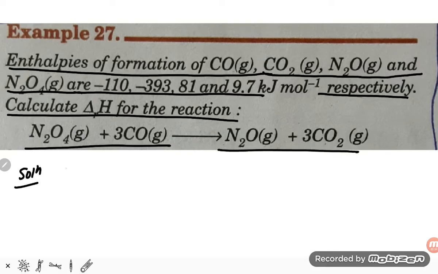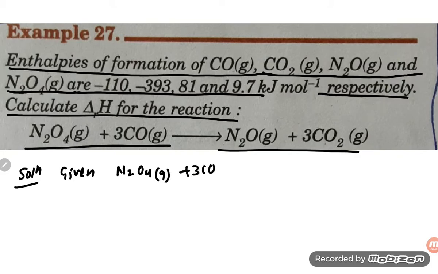Firstly, what is given, student? You can write down whatever things are given. So the given things are, firstly, the equation: N2O4, this is gas, and 3 moles of CO, this is again gas, and it is giving rise to N2O, this is again gas, and 3CO2, this is again gas.